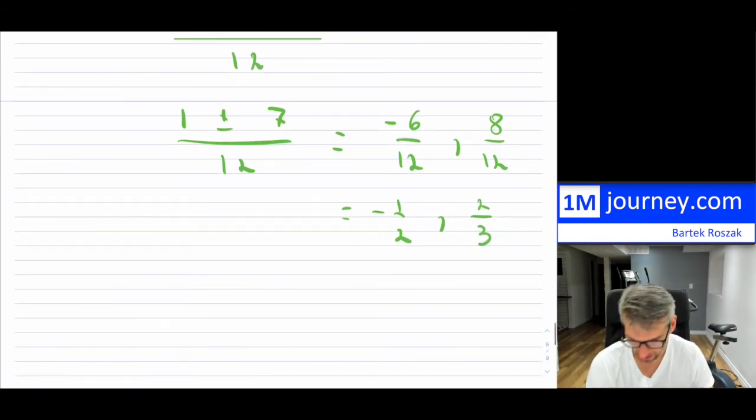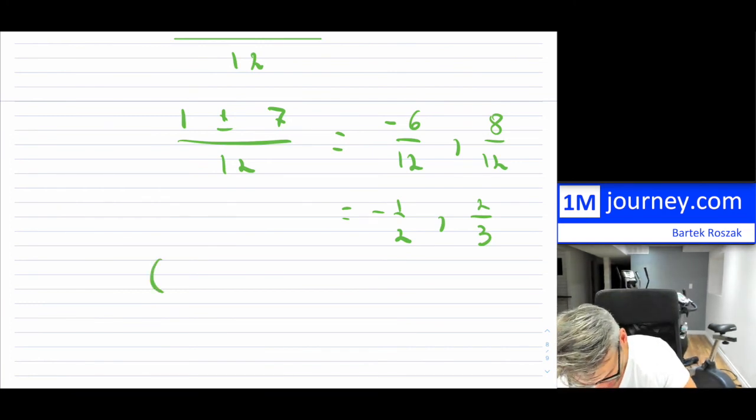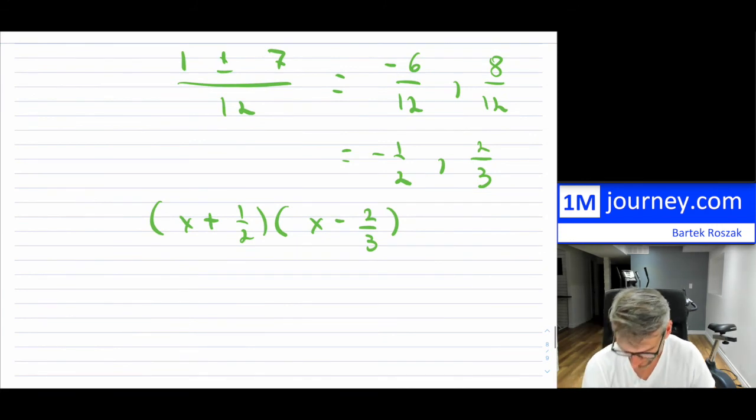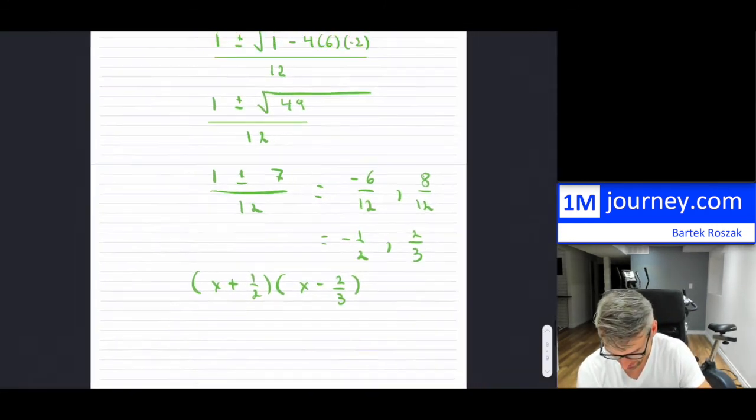So I have x minus 1 over 2, and then x minus 2 over 3. So those are my factors. Okay? So this is what I have in there.